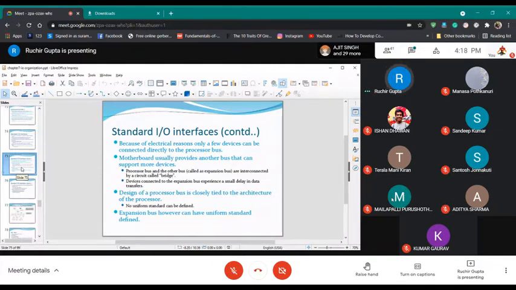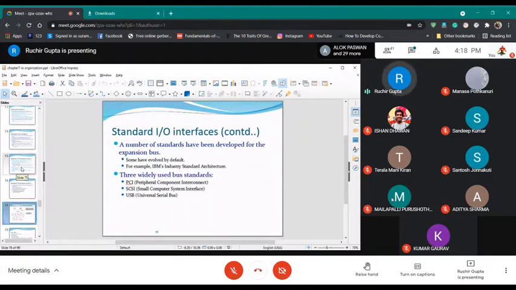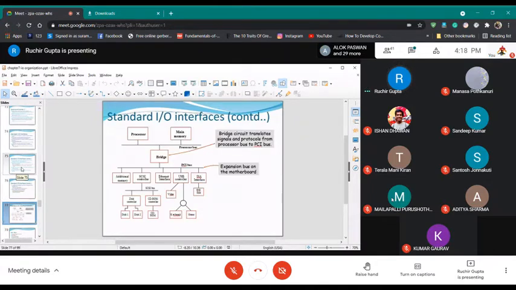And as we have already seen in the last class, there will be a bridge in place. Probably you can see this bridge here. So there will be a processor and a main memory, then a bridge in between, followed by the PCI bus, and then different kinds of devices or controllers available.